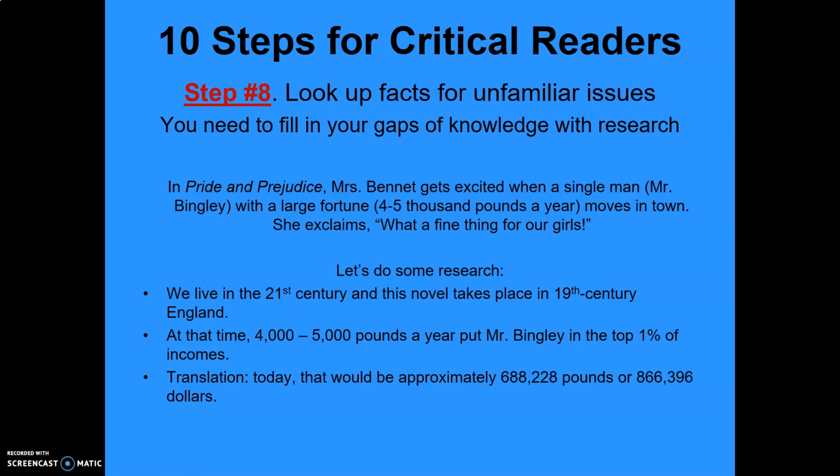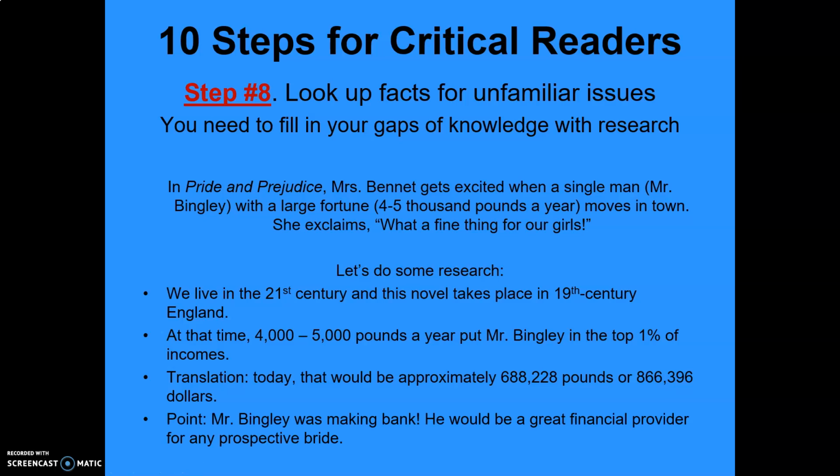That's almost $1 million. Point is, Mr. Bingley was indeed rich and would be a financial provider, a great one. So of course Mrs. Bennet has every right to be excited, as would any other mom.